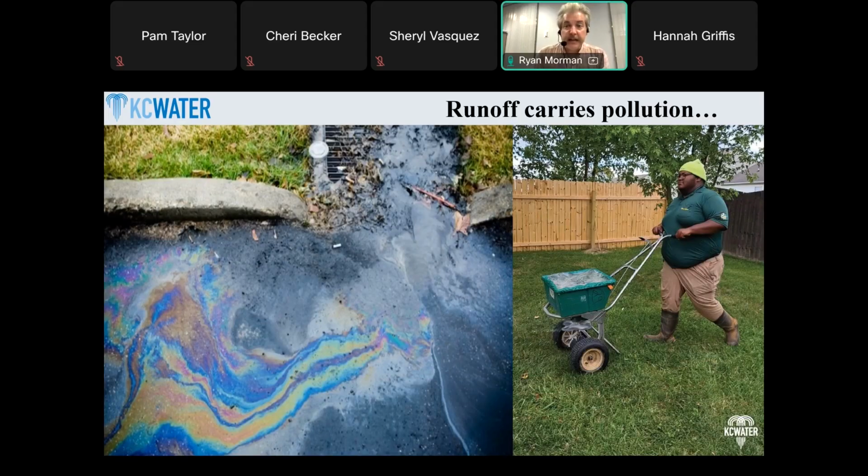So now that it's getting into summer, chemical pollution like fertilizers, pesticides, weed killers, if those things are not applied properly, they can easily wash off yards, down driveways, and into a storm drain that will go right into a creek or a river.